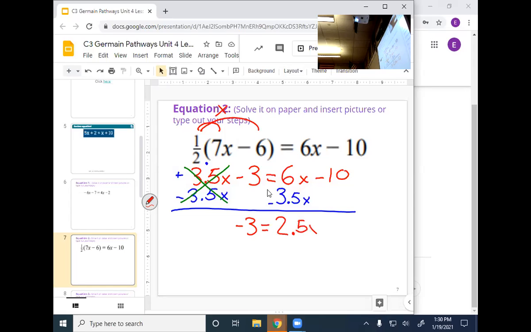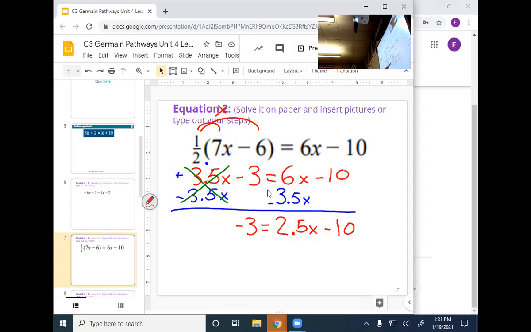Now, we're basically there. I need to get my x by itself. So first I have to do my reverse PEMDAS, undo addition or subtraction. What do I have to do to each side here? Olivia? Subtract the 3. I mean, add 3.